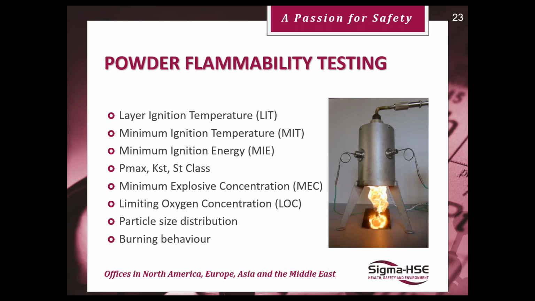The only difference really between the two is the time at which the spark is discharged through the dust cloud. Okay. So minimum ignition energy is very important, because once we know it, we can consider our ignition sources, and if those potential ignition sources can't give sufficient energy in relation to the minimum ignition energy, then they can't become an effective ignition source.